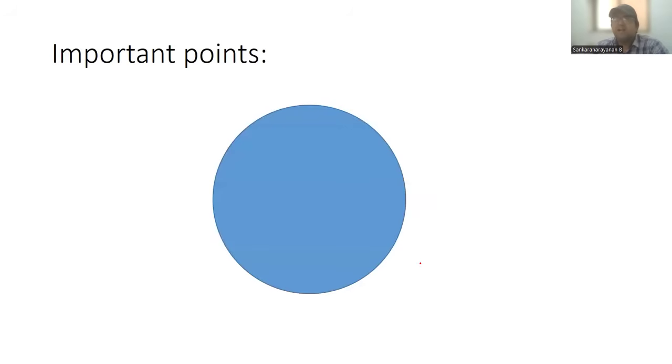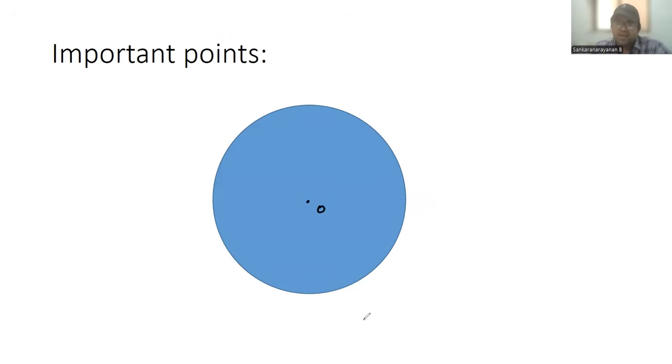Now, let us consider some other interesting and important points pertaining to circles. I am considering a circle here. Let me say O is the center of the circle.